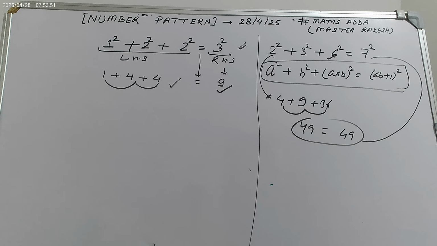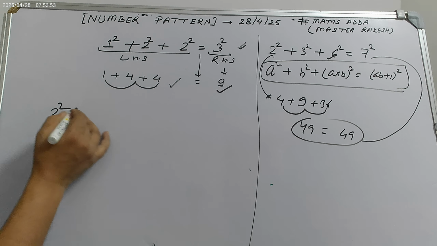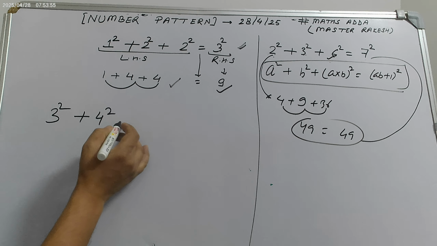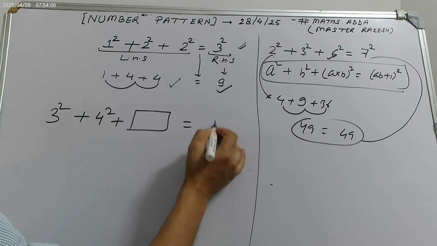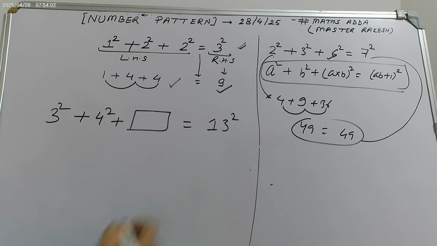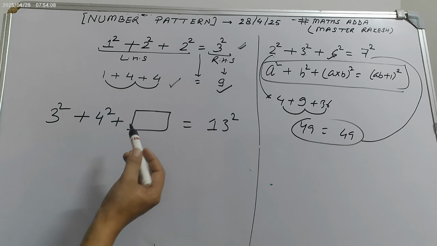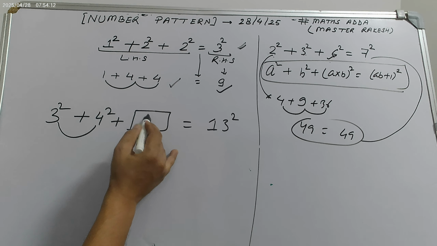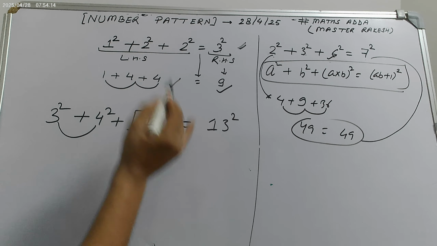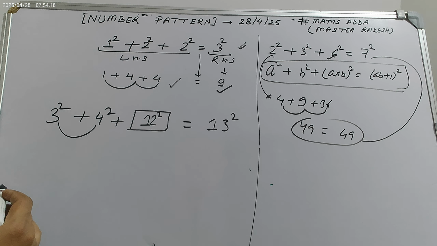If I put 3 square plus 4 square plus a blank equal to 13 square, what should come here? If it is a fill in the blanks question, what will you fill here? 3 times 4 is 12, so it will become 12 square.